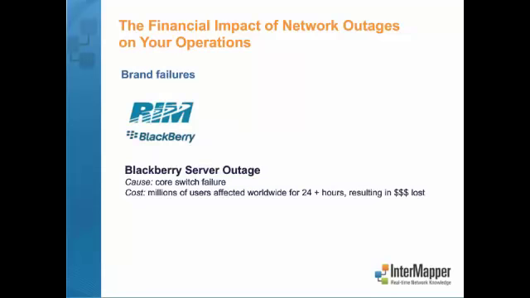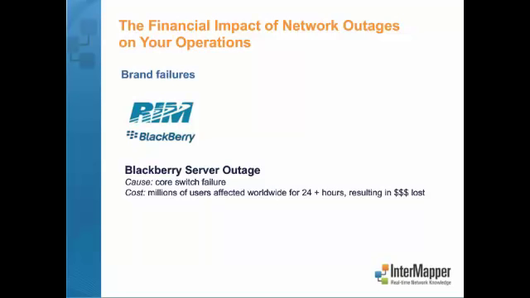BlackBerry. BlackBerry had a core switch outage. So their core switch, the major core switch, went down, which affected their service. Cost millions of users worldwide. They were down for 24 hours. 24 hours without service.